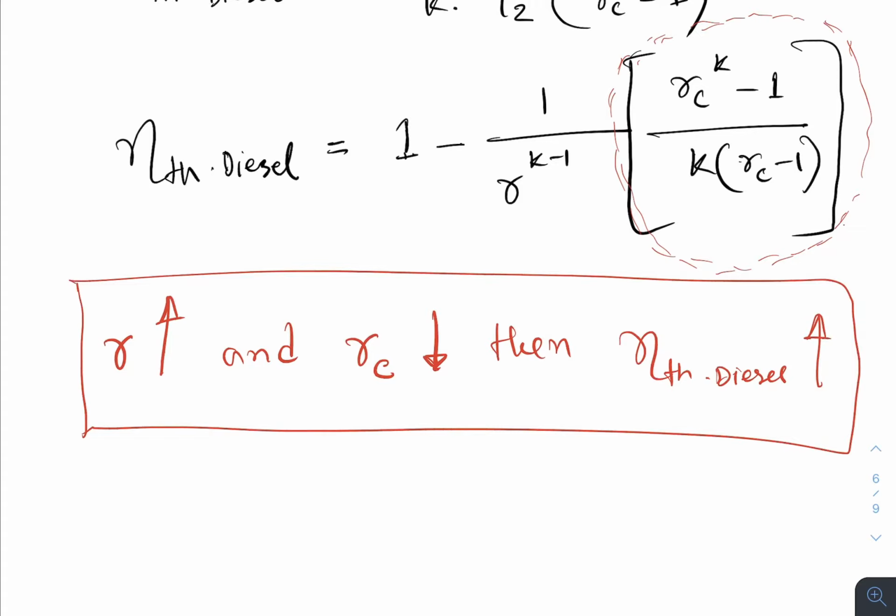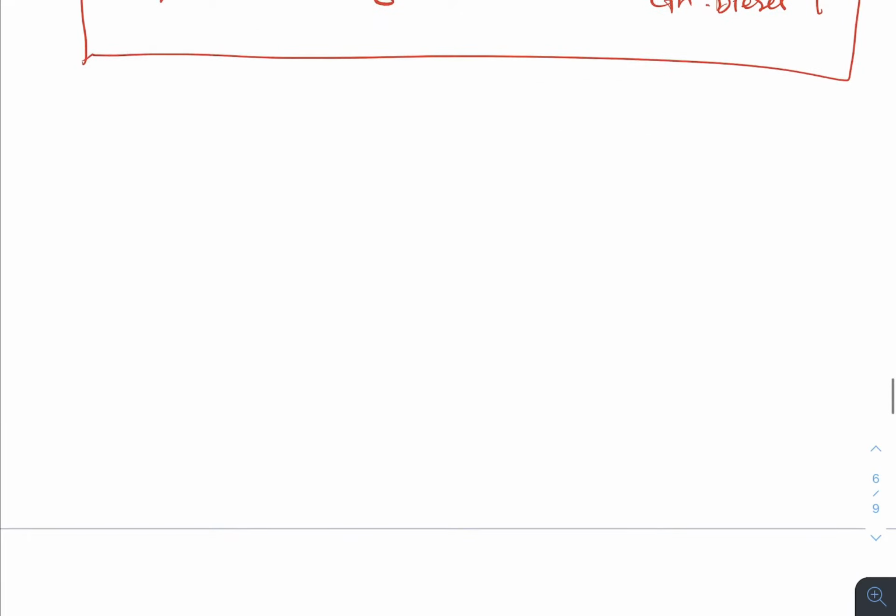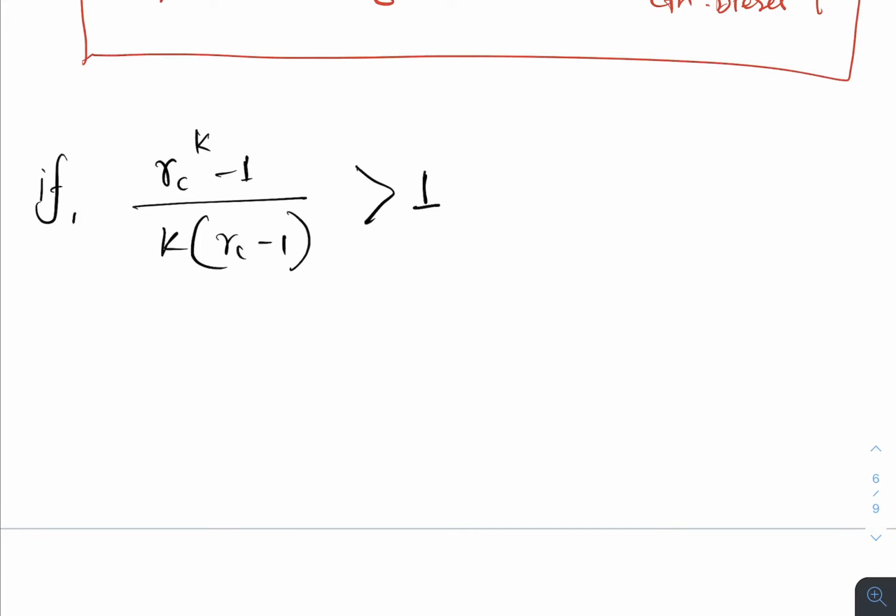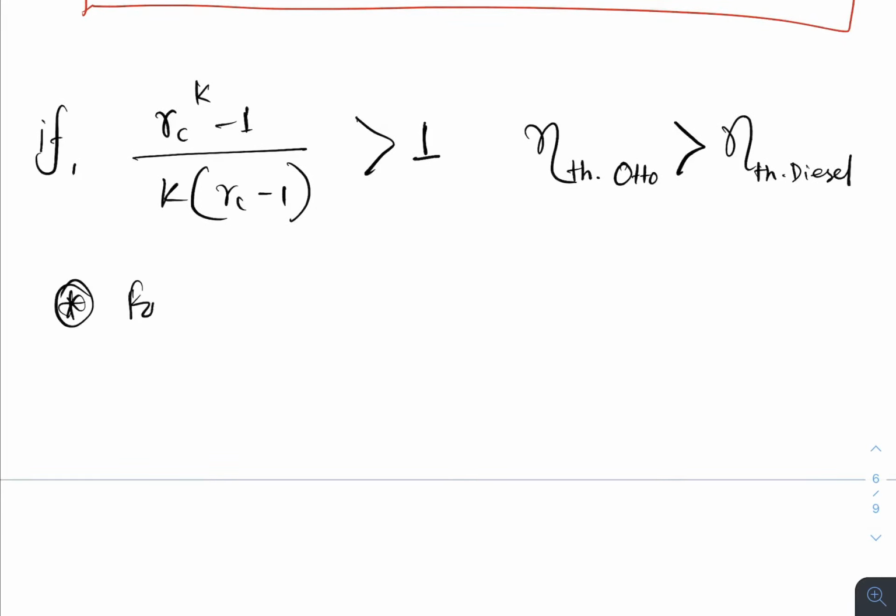If this term, RC to the power K minus 1 divided by K times RC minus 1, is greater than 1, then the thermal efficiency of the Otto cycle is greater than the thermal efficiency of the diesel cycle.